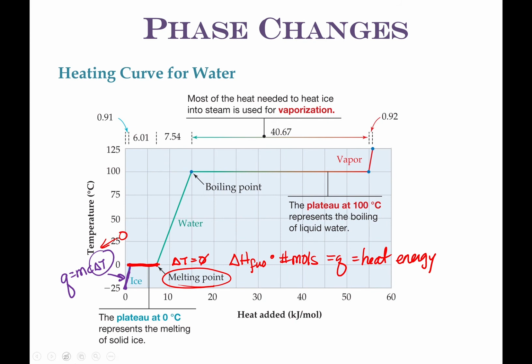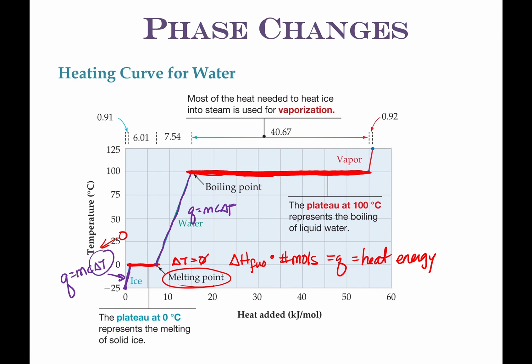Then, for this part of the curve, we would go back to using Q equals mc delta T, because we have a delta T again. And then when we get to the boiling point here, I know that we've talked about this in lab. I asked a lot of you, if you had a drink and it had ice in it, what temperature would your drink be as long as there was ice in it?